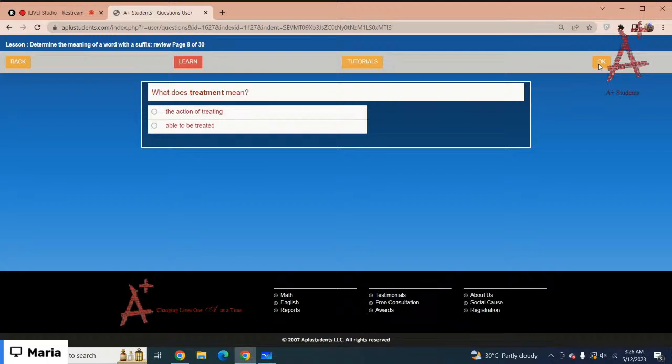What does treatment mean? The action of treating. Got it? That would be the action of treating.